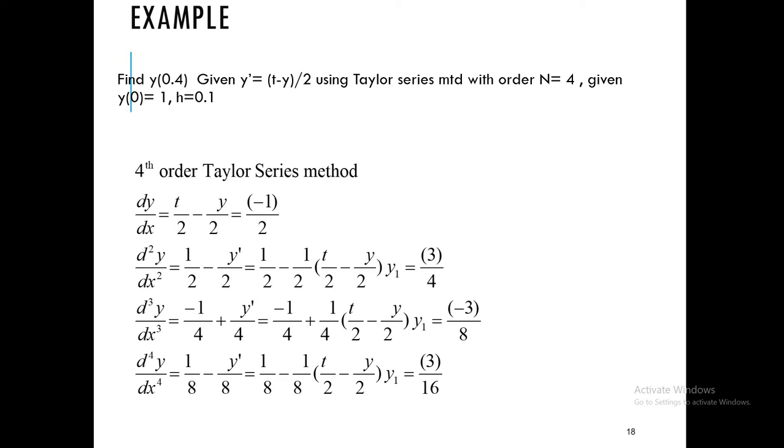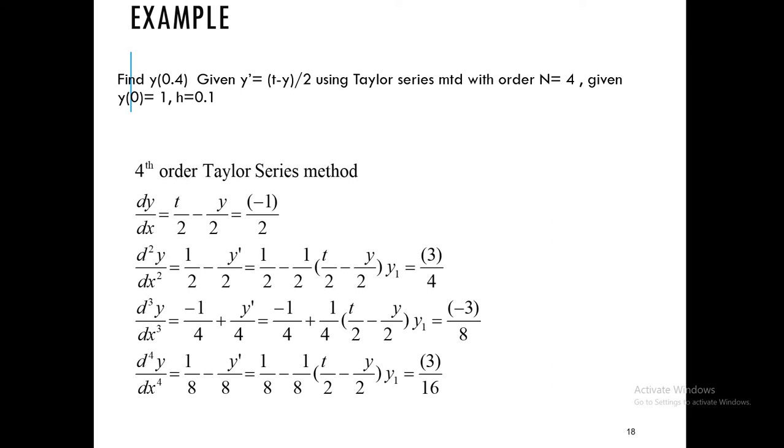So you can choose to expand this later. If we expand it, that will give us 1 over 2 minus t over 4 plus y over 4. Are you with me? Yes. Then we find y triple prime, the third derivative.